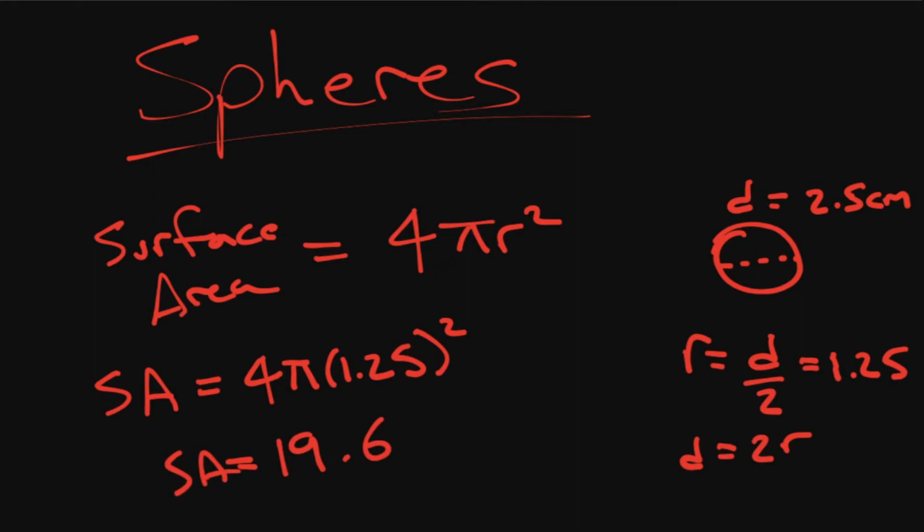And we're using centimeters, so for surface area we should have centimeters times centimeters, centimeters squared. So yeah, spheres are very easy, very straightforward. Not like the cones and the cylinders and those types of things.